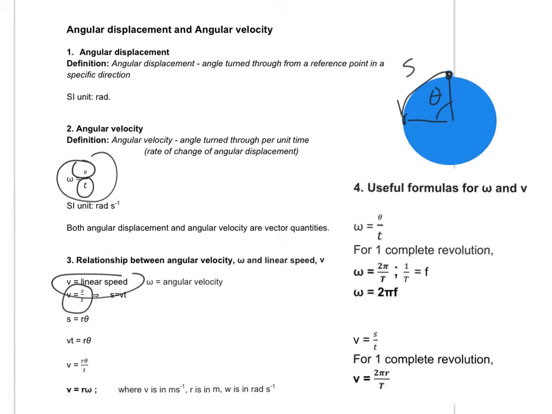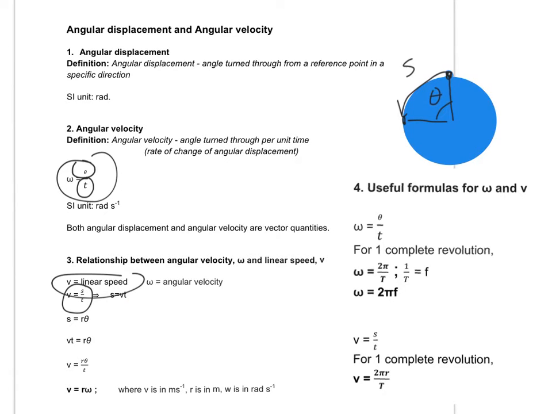There is a relationship between linear speed and angular velocity, because the faster you move, the distance you cover in 1 second is greater, and obviously the angle you cover per second is also greater. So what is the relationship? Remember, v equals s divided by t, so s equals vt. That is the first equation.